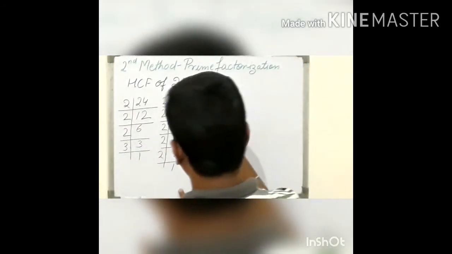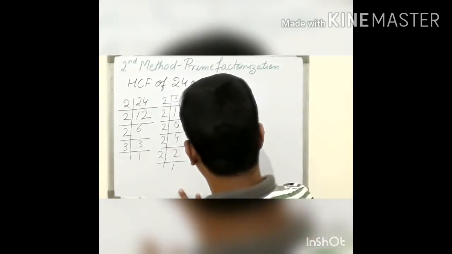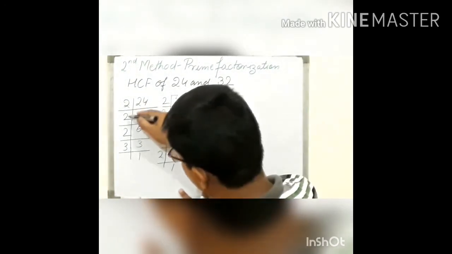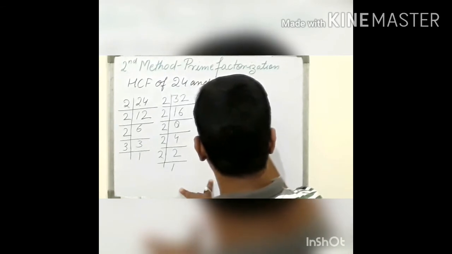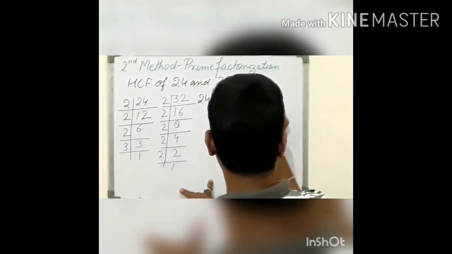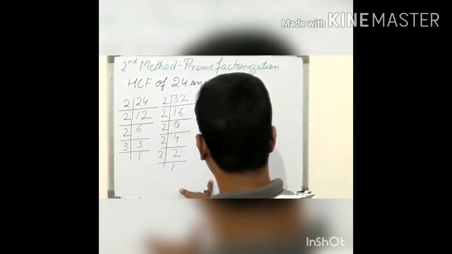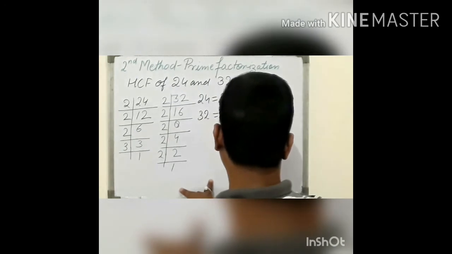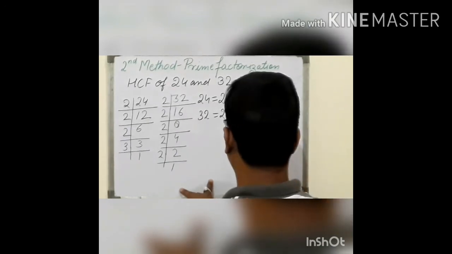Now see here, we will write all the prime factors of 24: 2 multiplied by 2, multiplied by 2, multiplied by 3, and the prime factors of 32: 2 multiplied by 2, multiplied by 2, multiplied by 2 and multiplied by 2.